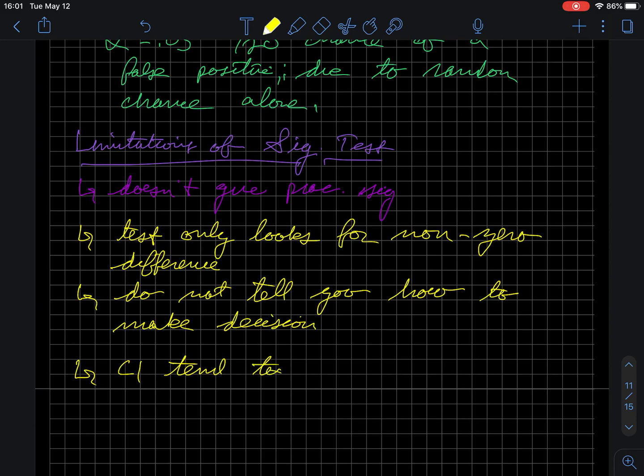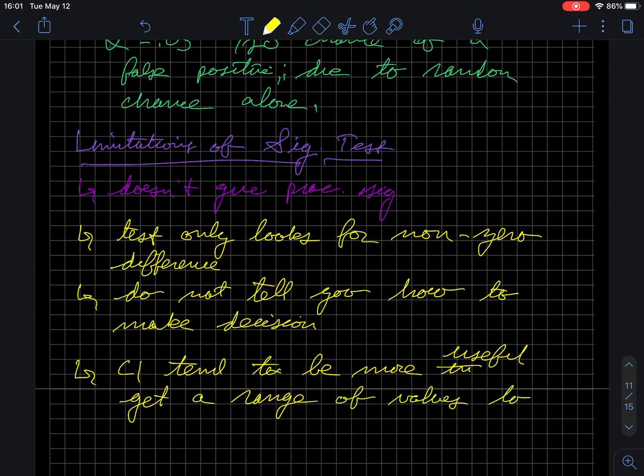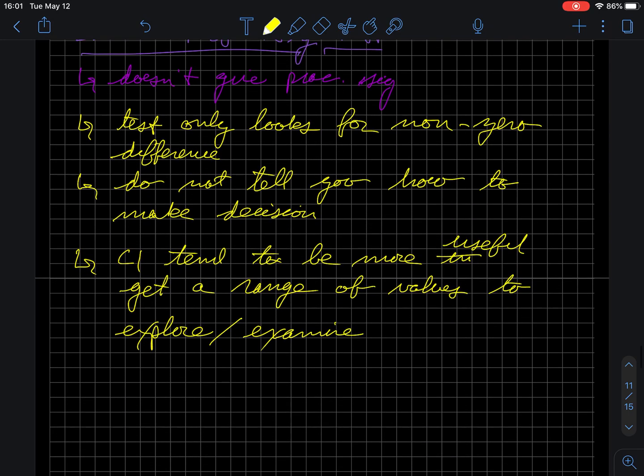Significance tests only say if a value is different, but a confidence interval is more useful because you get a range of values to explore and examine. So it can be pretty useful.